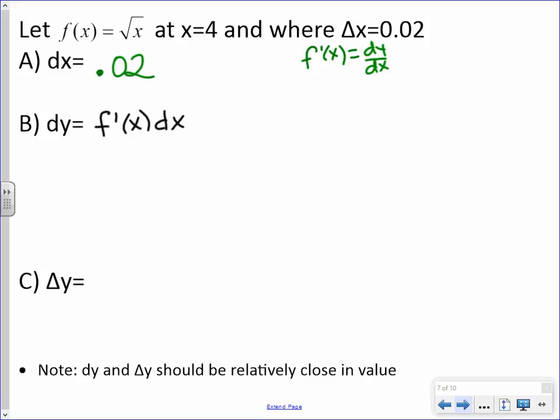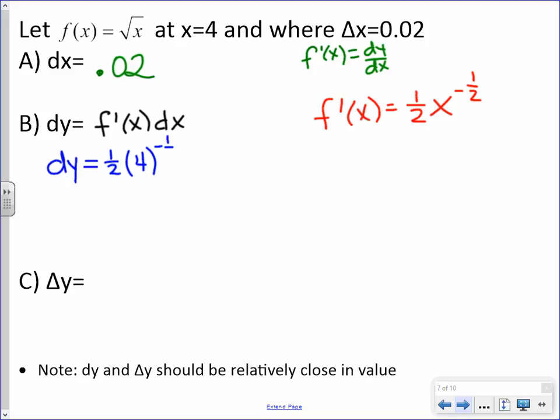Okay. Now, we already decided that the derivative was 1/2 x to the negative 1/2. Do you agree? Okay. So dy is our derivative evaluated at x times dx, which is 0.02.